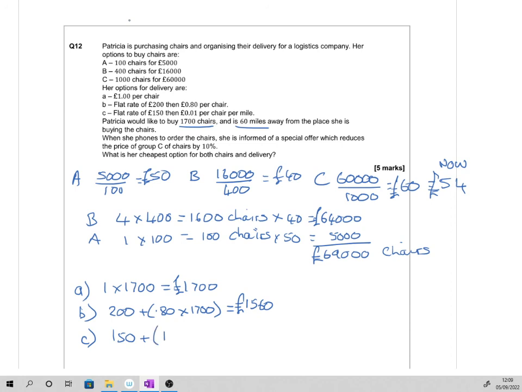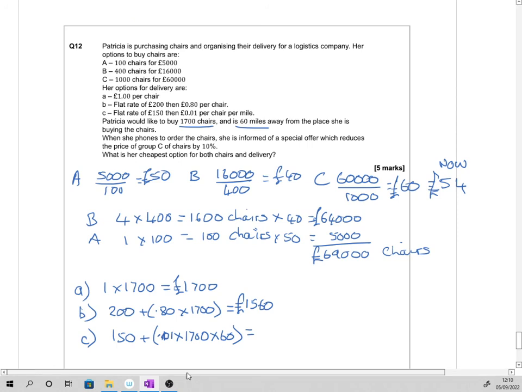So 0.01 times 1,700 times 60, then add on 150, equals 1,170.